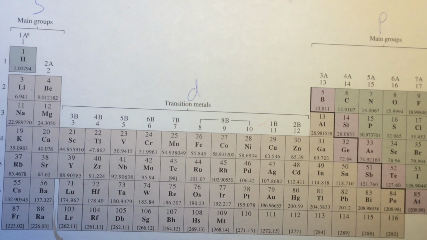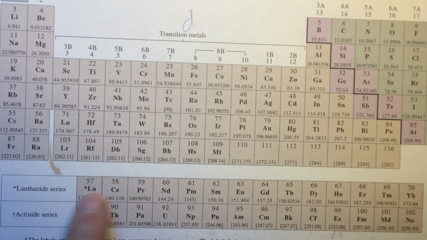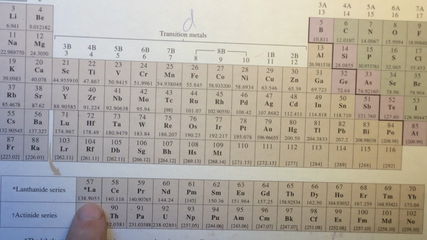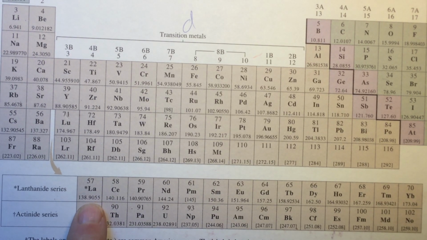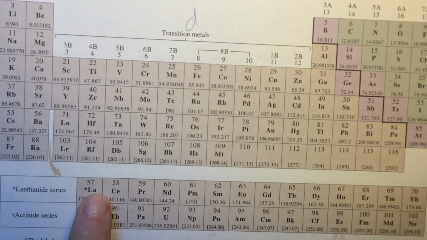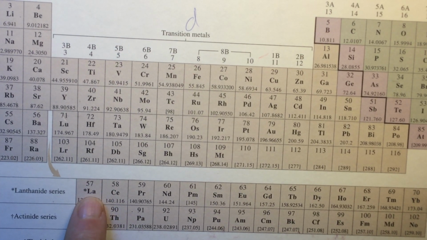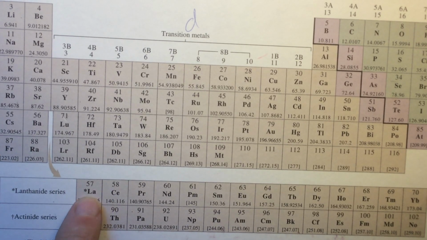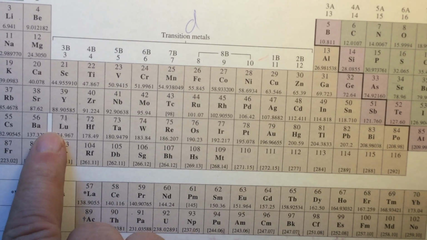Then you get into the f subshell. The f's are two away. Remember, the 4th shell has 4 subshells, s, p, d, and f, but you don't find lanthanum until you get to 57.